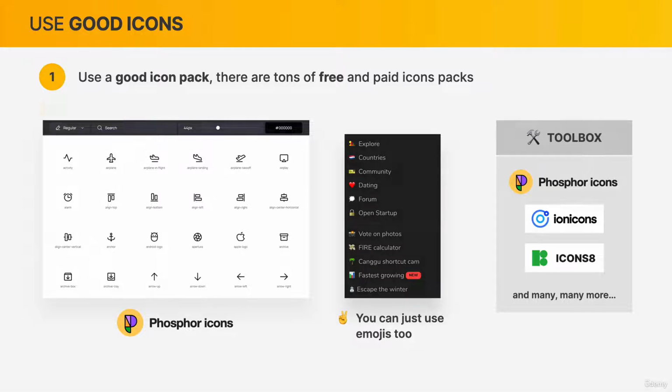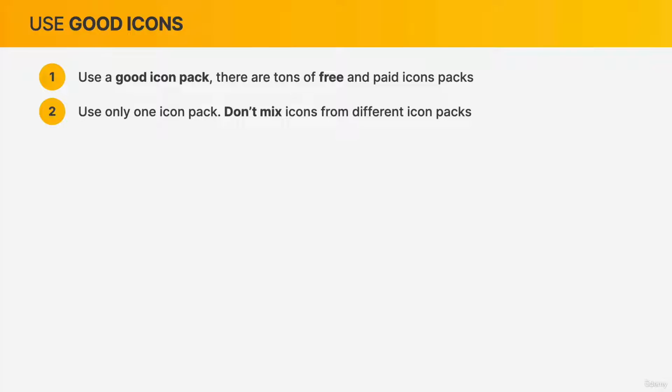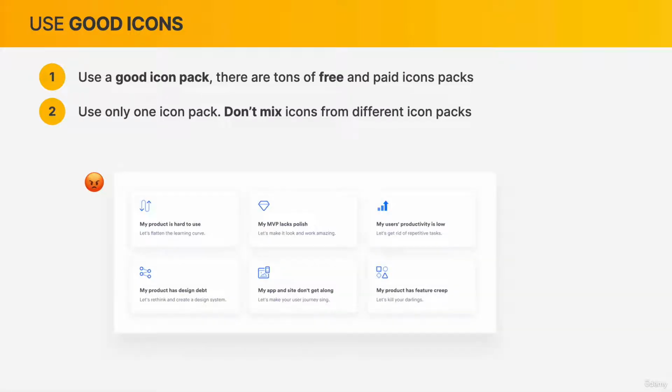Now what's important here is that you use only one icon pack. So never mix icons from different icon packs, because otherwise you might end up with a result like this. Here you have 6 icons and one of them looks completely off. Can you guess which one that is? So, of course, it's this one. It has a completely different style.